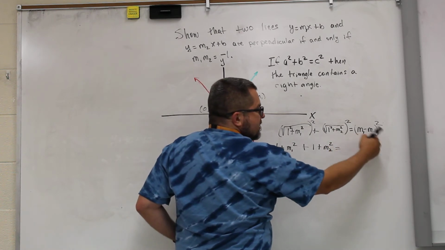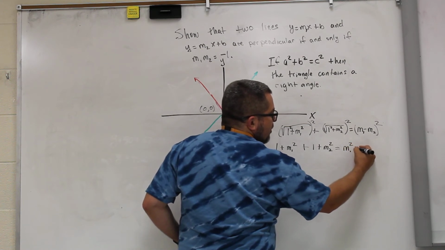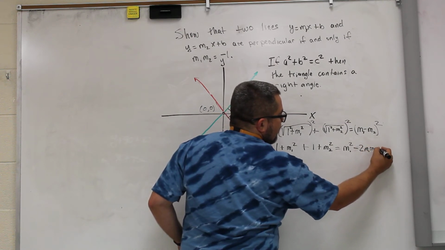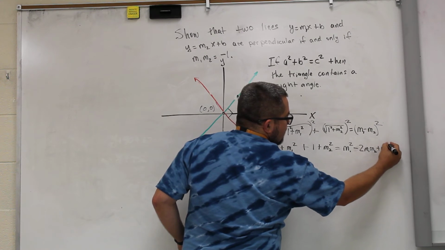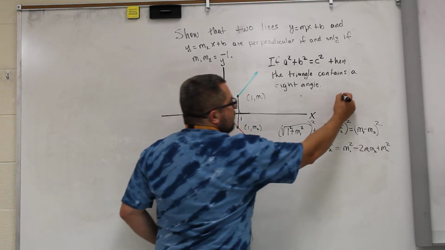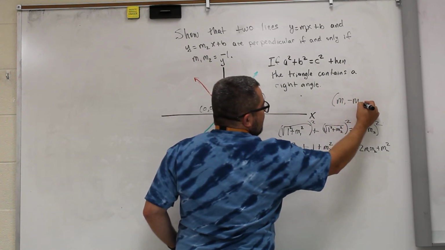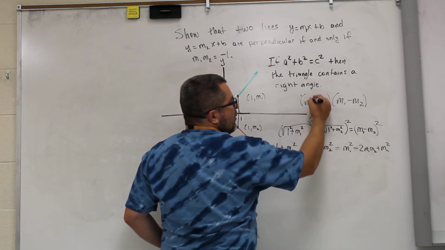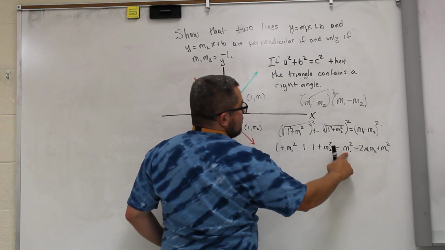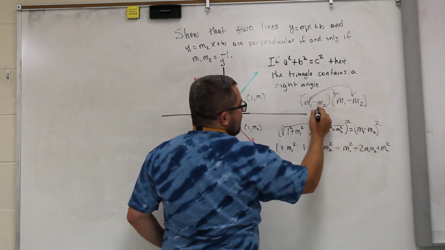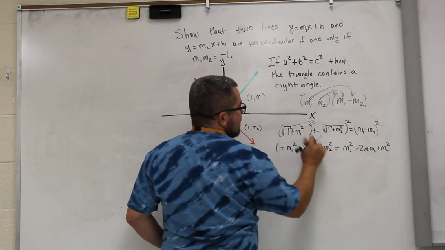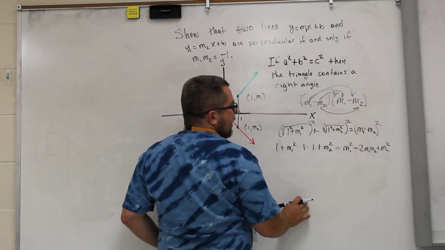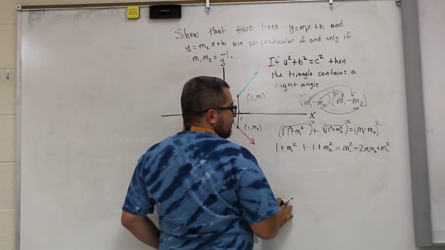And then if we FOIL this out, we get m1 squared minus 2 m1 m2 plus m2 squared, because m1 times m1 is m1 squared, m1 times negative m2, negative m2 times m1 is minus 2 m1 m2, and negative m2 times negative m2 is positive m2 squared.